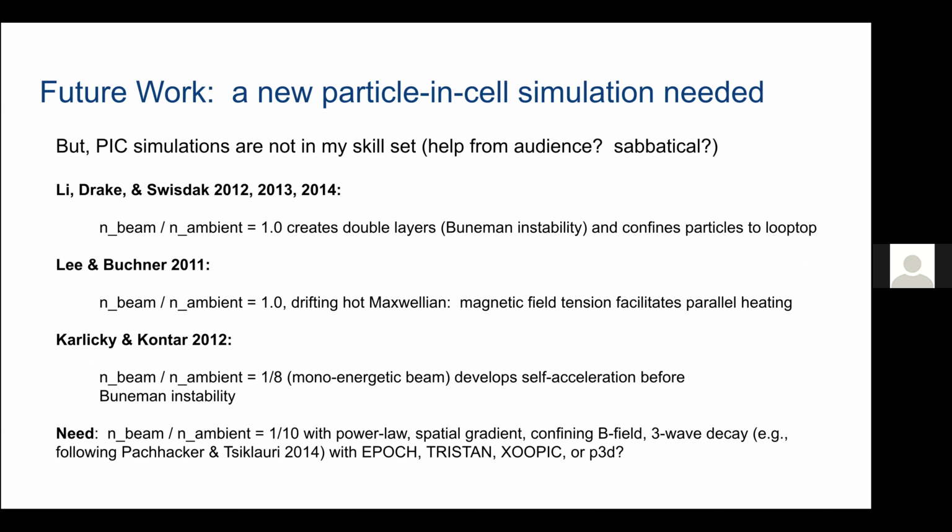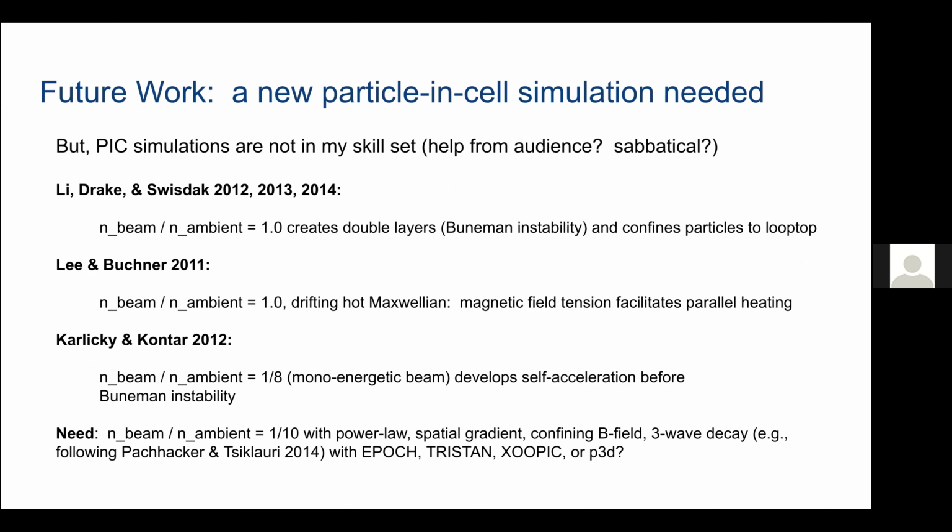This series of papers considers a very high density beam and gets this Buneman instability and completely confines the particles where they're formed. Another group considers a drifting hot Maxwellian. They find that actually magnetic fields are really important, and the resulting instability criteria, the ion acoustic instability, is not allowed here because I guess these modes go off to the side, and the magnetic field lines confine everything along an axis.